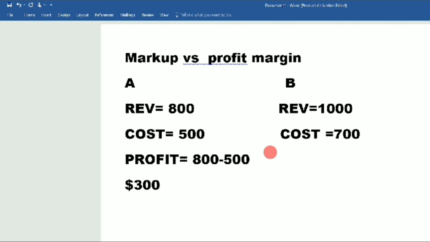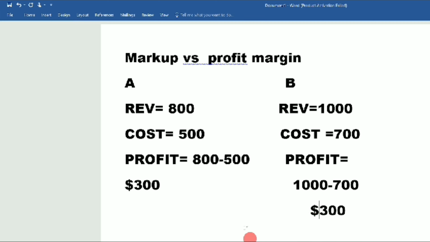Now the profit would be 1,000, which is the revenue, minus 700, which is the cost, and we will also have $300. So if you look at business A and business B, they both have $300 each.